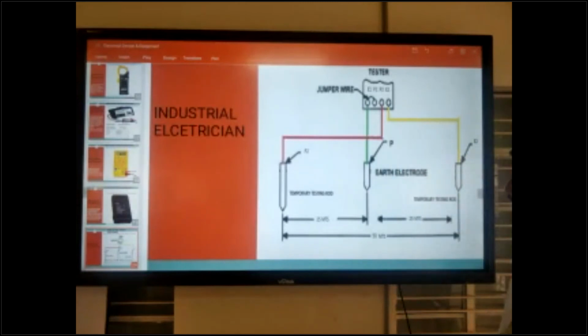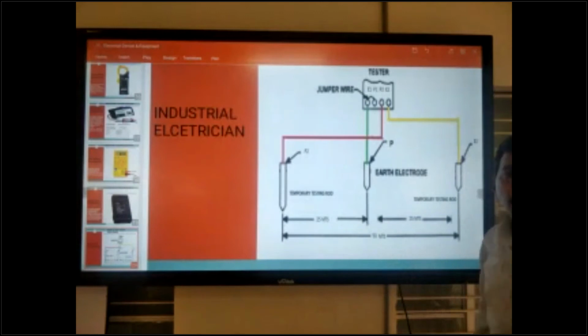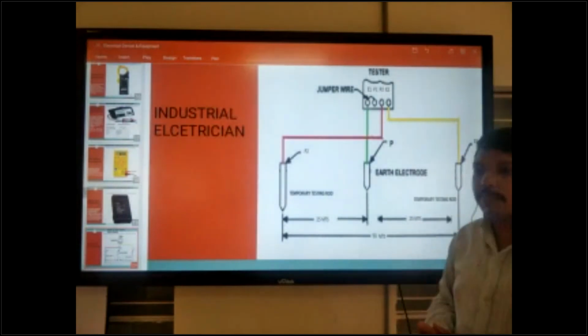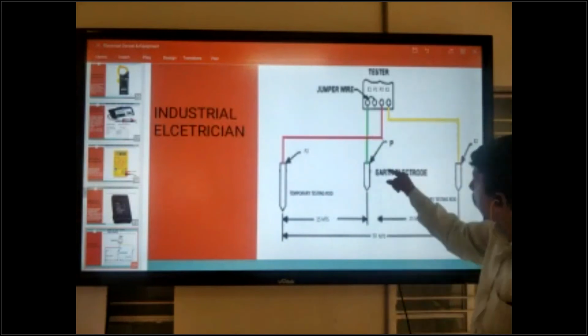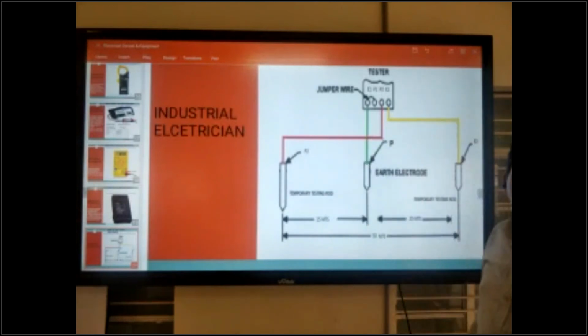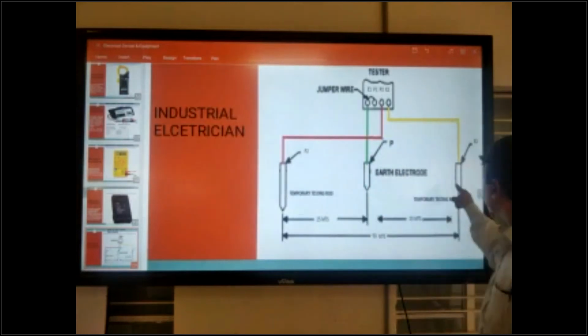At that time you use 2 extra rods, only for testing purposes. After testing, these 2 are removed. Only this one is permanent. Only for the testing purpose we use these 2 temporary rods.